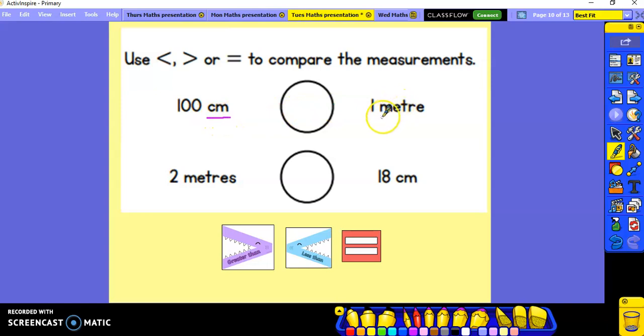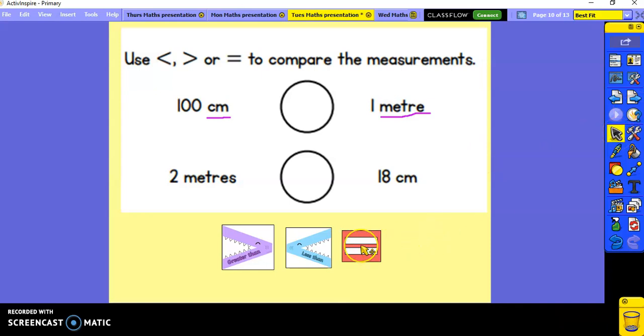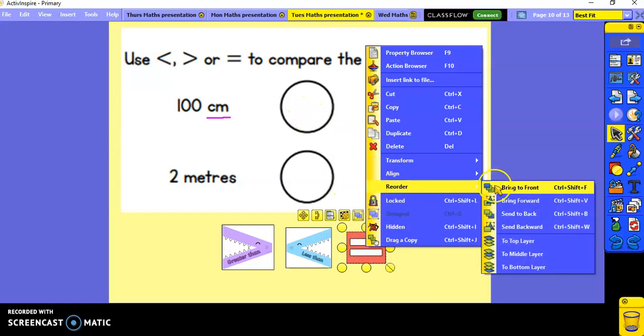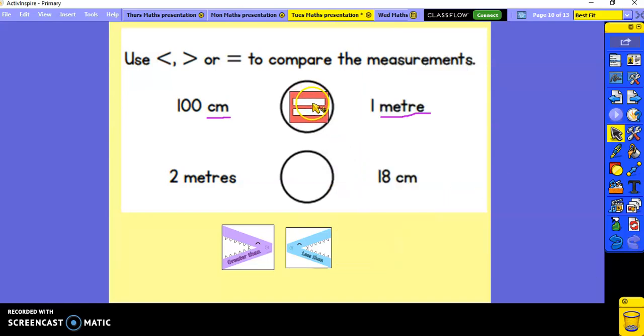Are you looking at centimetres or metres? And remember that metres are greater than centimetres. However, this one here, 100 centimetres and 1 metre, we've just looked at that one. So we know that they are equal.